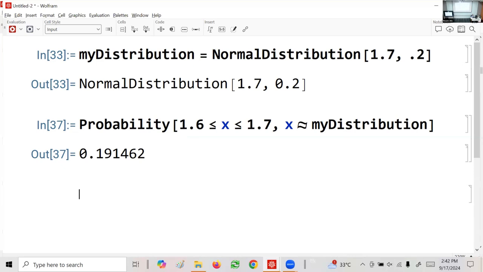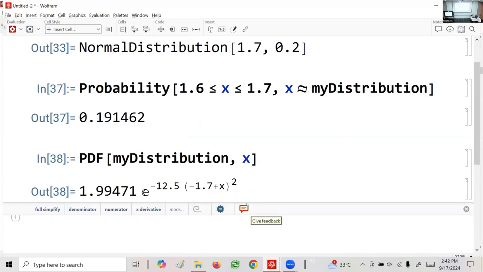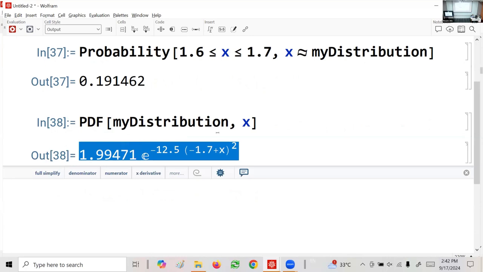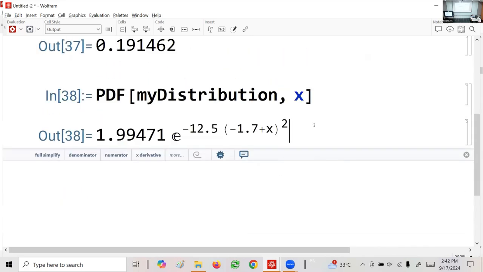So now you can do this. Let me show you what this means. PDF of this distribution and X. See, this, by the way, is that curve. That's the PDF, right?